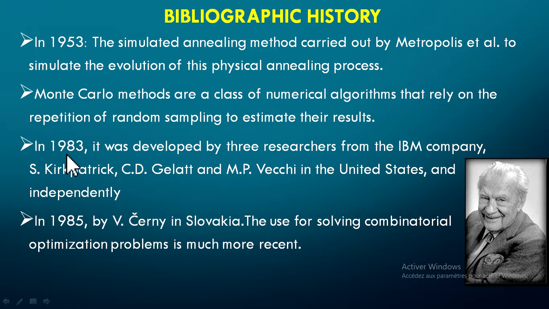In 1983, it was developed by three researchers from the IBM company, Kirkpatrick, Gelatt, and Vecchi in the United States, and independently in 1985 by Cerny in Slovakia. The use for solving combinatorial optimization problems is much more recent.